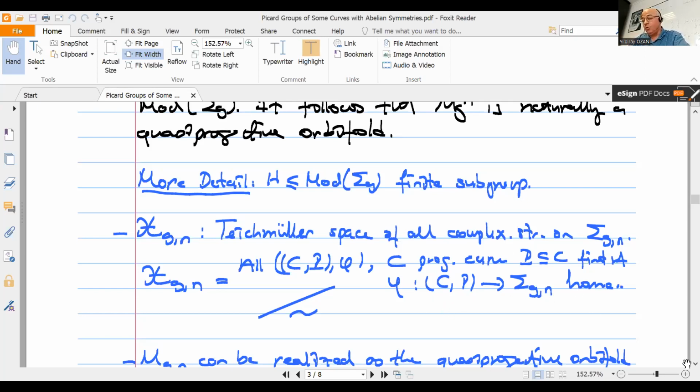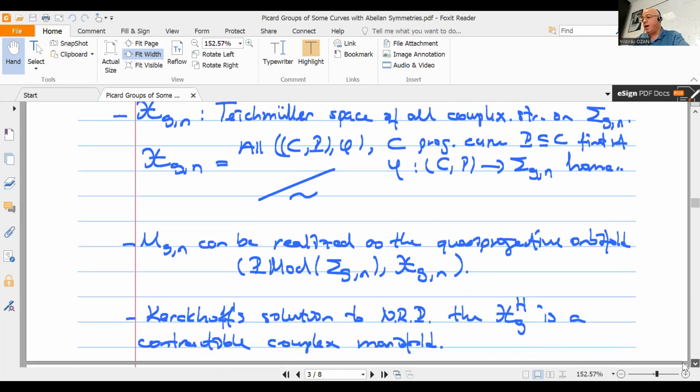We consider all such curves, and then we divide by the equivalence relation that two such surfaces are considered to be the same if there is a homeomorphism which sends one of them to the other so that the diagram commutes.